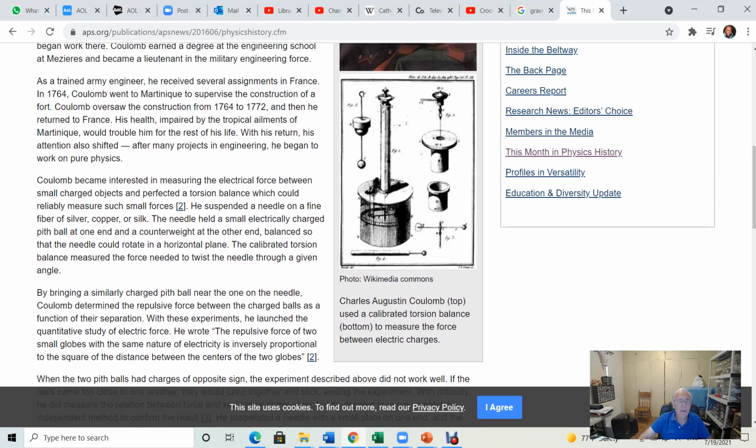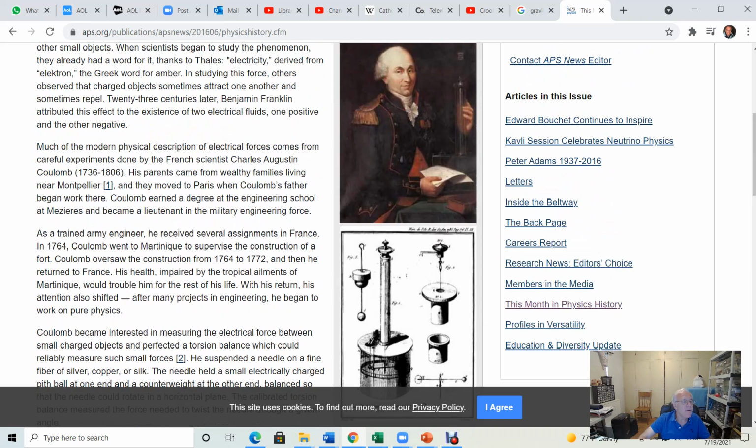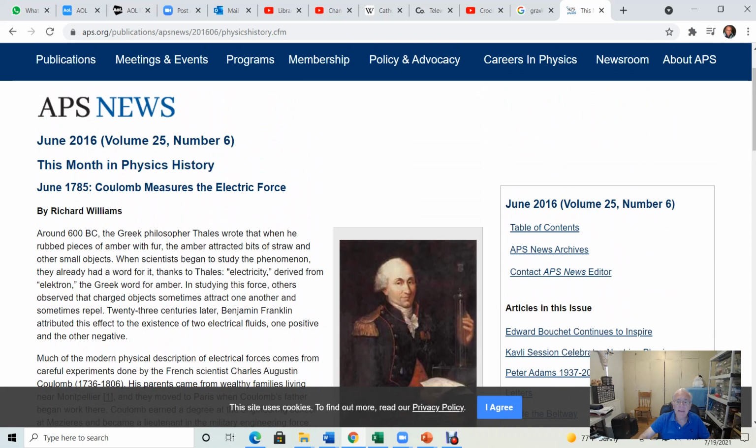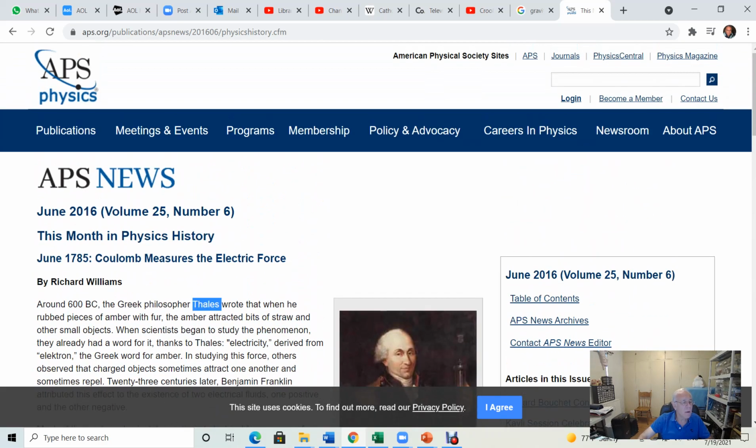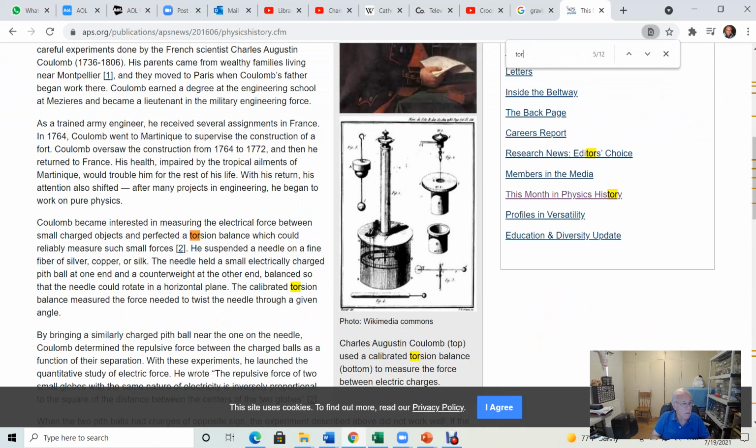But nowadays we still... Oh, here you go. The torsional balance. Let's take a look. To measure the electric force, did he use a torsional balance? Yeah, he used the torsion balance, the same balance that Cavendish used to measure the gravitational constant big G.